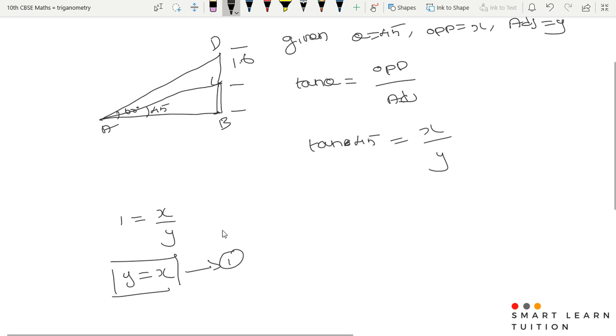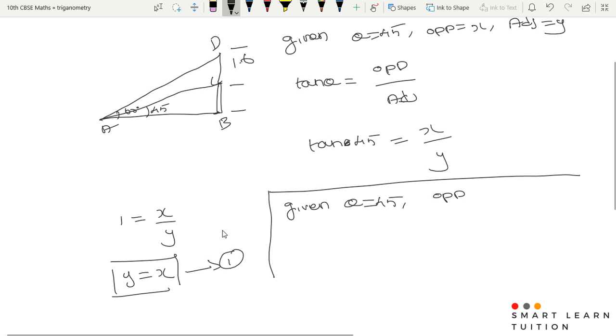Next we will take the bigger triangle. Given, from triangle DAB, theta equals 45. The opposite equals 1.6 plus x.